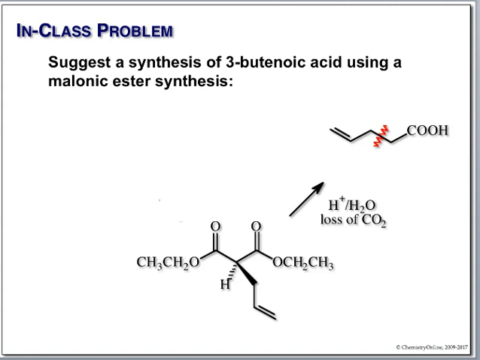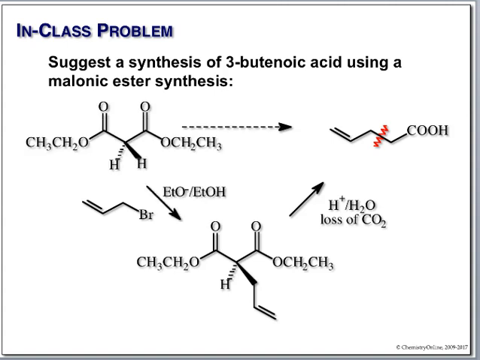We simply had a leaving group on our CH2 here, didn't we? So we could do an SN2. Had to have a leaving group. Let's pretend it was a bromine. Something like this. And of course, we need diethylmalonate. Our anion attacked, bromine left.